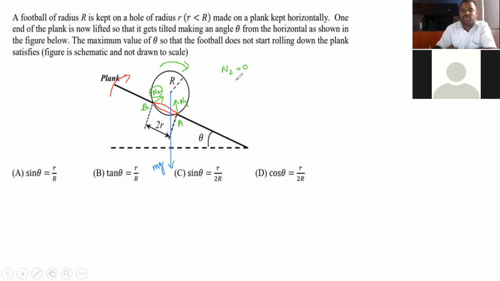Now the other two forces acting are mg and the normal reaction. As it is ready to roll down, it is in equilibrium, both translational as well as rotational equilibrium.